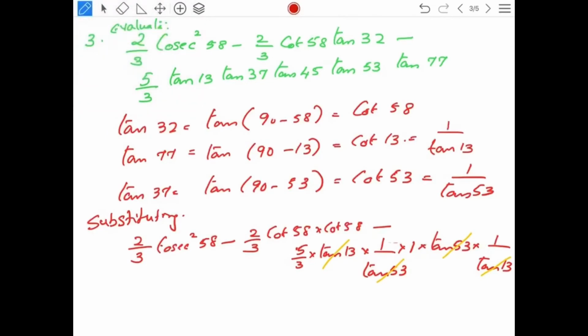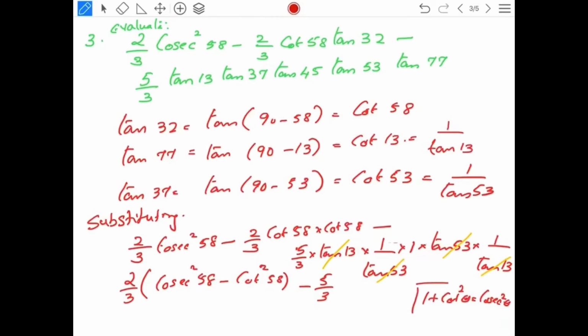So you will get this as 2 by 3 cosecant squared 58 minus cot squared 58, minus this 5 by 3. Now 1 plus cot squared theta is cosecant squared theta. That is the identity.